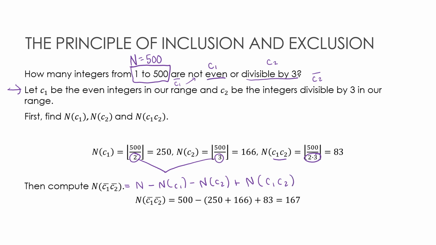So that's all I have to do. 500 minus, and then again, you can group those if you want to, but you don't have to. I could have just put minus 250 and then minus 166. Either way, I'm subtracting either of those values. Then I'm adding the 83 to get 167. So there are 167 integers that are not even or divisible by 3 in the integers from 1 to 500.